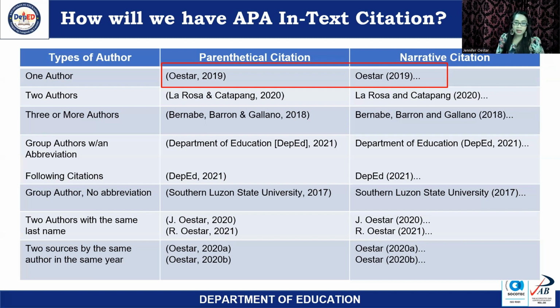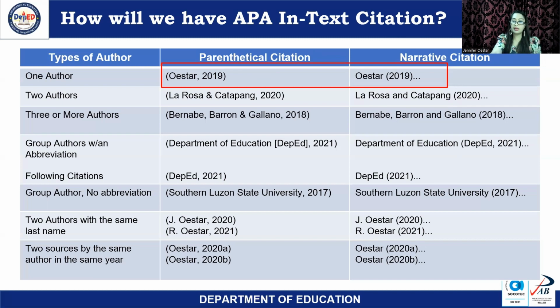Two authors with the same last name. For example, there would be two authors having the same surname, Ostar. How can you present this? You write the initial of the first name: J. Ostar, 2020, R. Ostar, 2021. How about two sources by the same author in the same year?